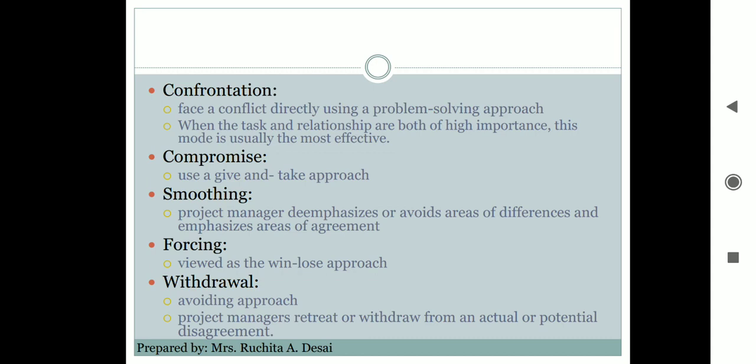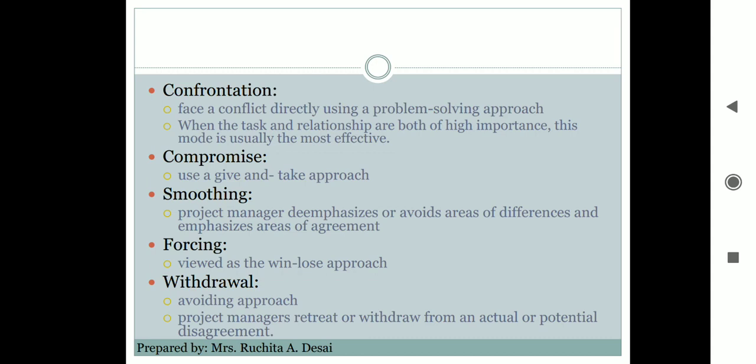Okay, the first one is confrontation. When using this mode, the project manager faces a conflict directly, using a problem solving approach. Here the affected parties have to work through their disagreements, and this approach is called the problem solving mode.